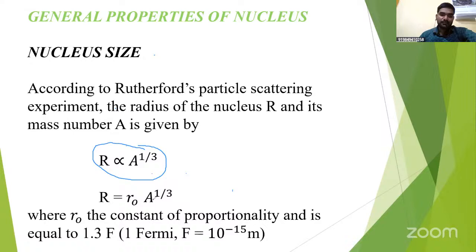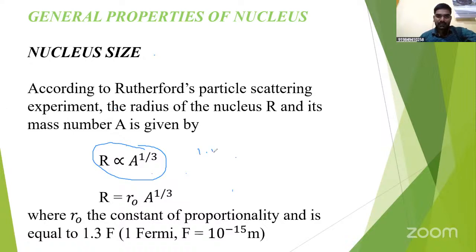Here R naught is the proportionality constant, which has a constant value of 1.4 into 10 power minus 15 meters.